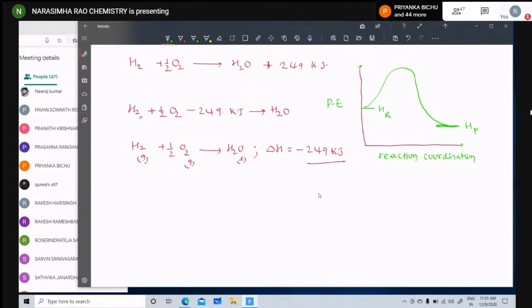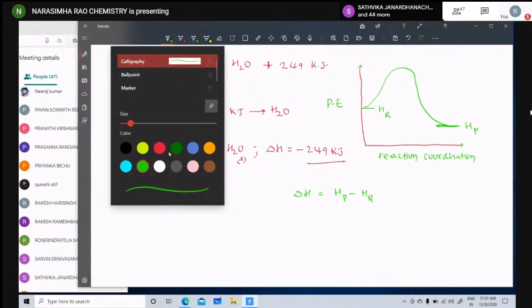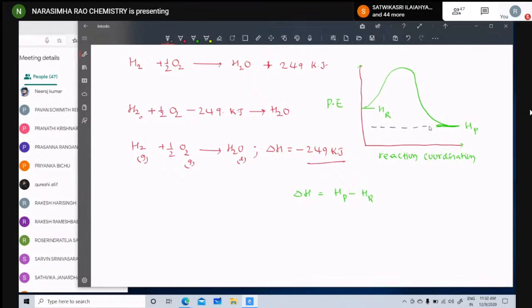Right, children? We know that enthalpy change delta H in a chemical process is equal to enthalpy of product minus enthalpy of reactant. Now, take these values on the axis: this is 10, this is 20, this is 30, this is 40, and so on.